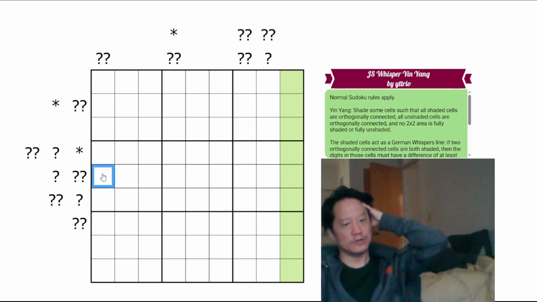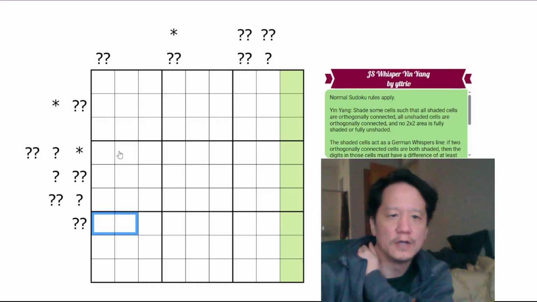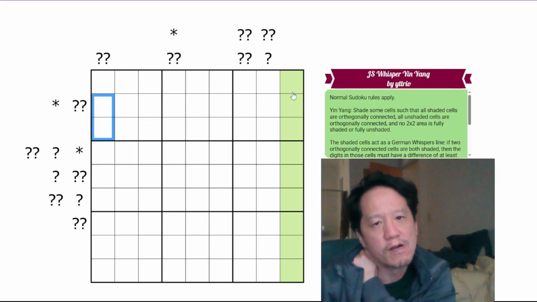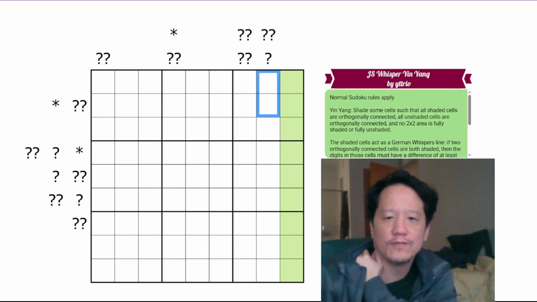This is a singleton digit, so this is at least 2 cells, and this must be at least 2 cells and 2 cells. So this cannot be shaded. If this is shaded, that forces this to be shaded. These would all have to be shaded to connect with this, and then this would have to be 2 digits to be shaded there. So this cannot be shaded here.